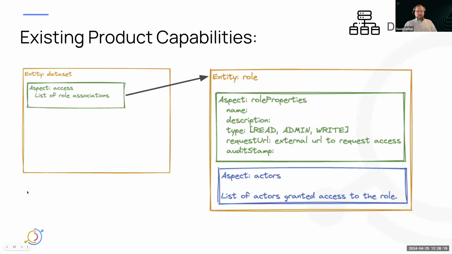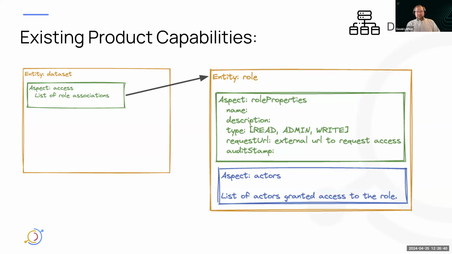Next. We have a couple of different pieces of the data model that control this, and it's pretty simple. On a dataset, you basically have a list of role associations. These roles would give you access to that dataset in AWS, for example.